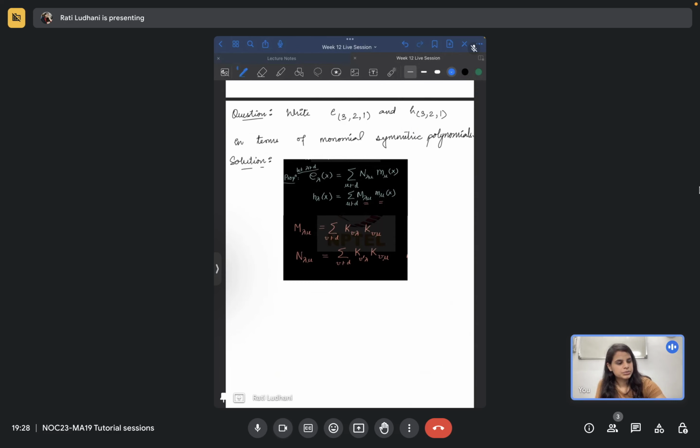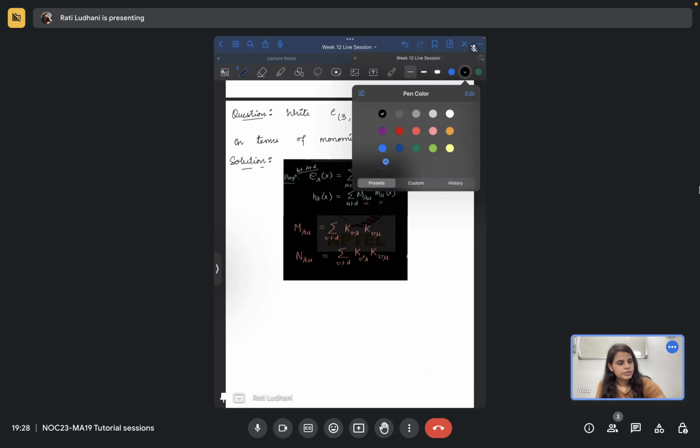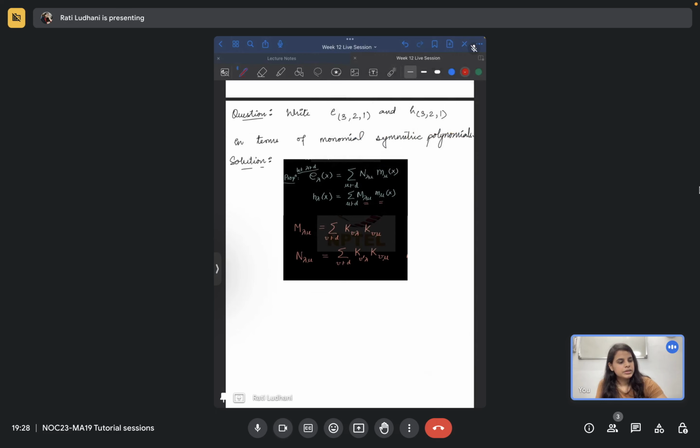Okay. So write E(3,1) and H(3,1) in terms of the monomial symmetric polynomials. We did that earlier anyway. Lambda is from partitions of d.